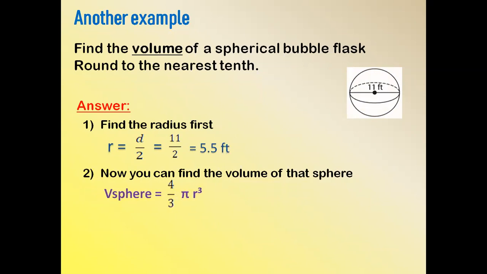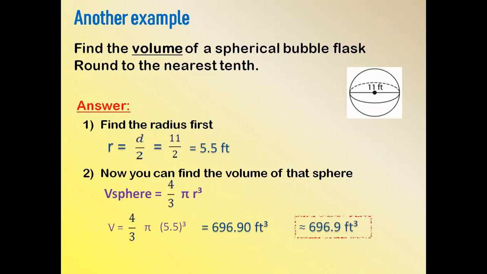It will be 4 over 3 pi r cubed. So the volume is 4 over 3, the pi stays as it is, and the r is 5.5 cubed. The answer will be 696.90 feet cubed, and to the nearest tenth, the 0 will not push the 9, so it stays as it is, 696.9 feet cubed. Here we are, the volume of the spherical bubble flask.